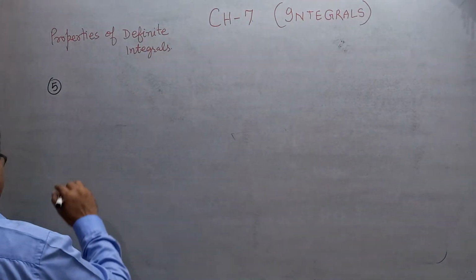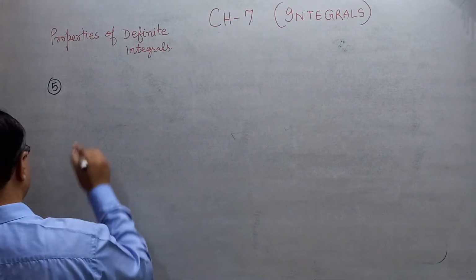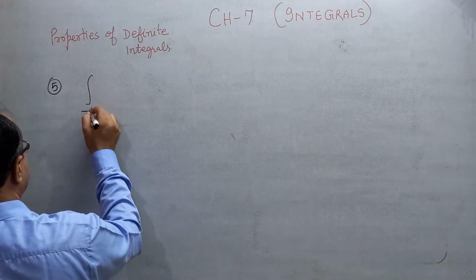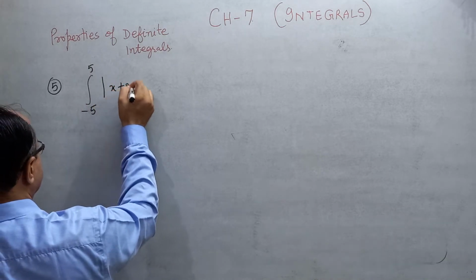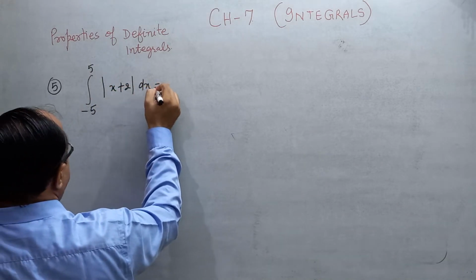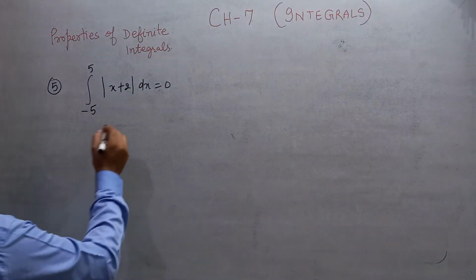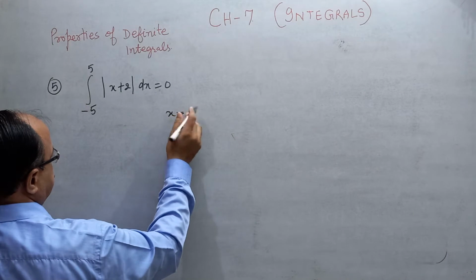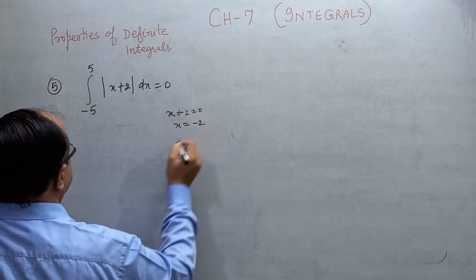For questions number 1 to 4, apply property P. For question number 5, here integration from minus 5 to 5 of mod of x plus 2 dx. You know that the turning point here: x plus 2 is equal to 0, then x is equal to minus 2.